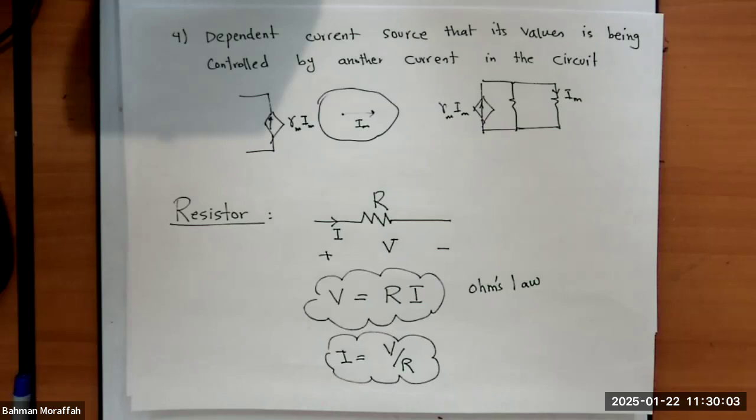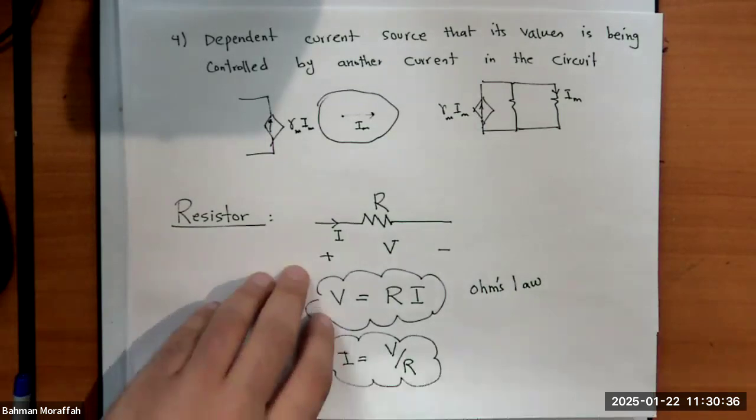For the neither, oftentimes we cannot do anything, but there are some special cases. For example, if the way these resistors are connected to each other looks like a delta, or if it looks like a Y, then there are ways that we can simplify it. But in general, we cannot do much. We have to learn other methods to solve the circuit. But as soon as we see series or parallel, we know exactly what to do. So let's talk about them. Let's see what they actually mean, right?